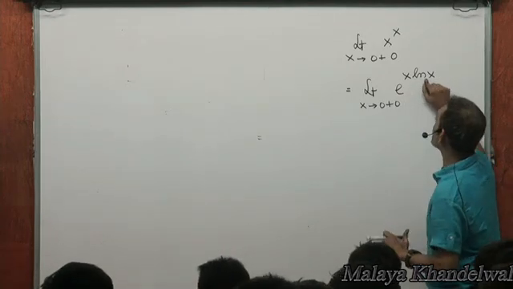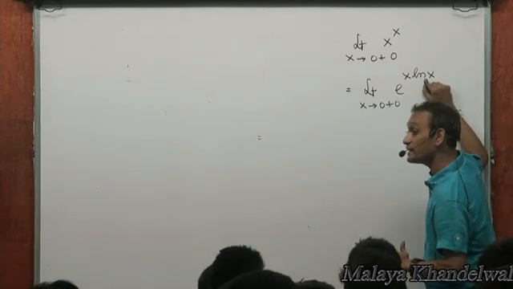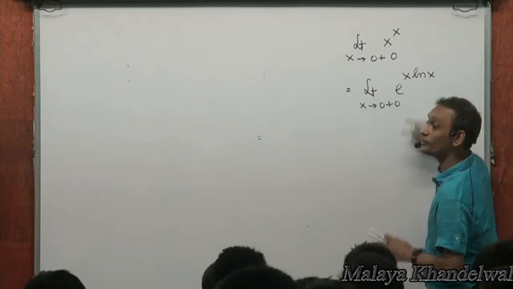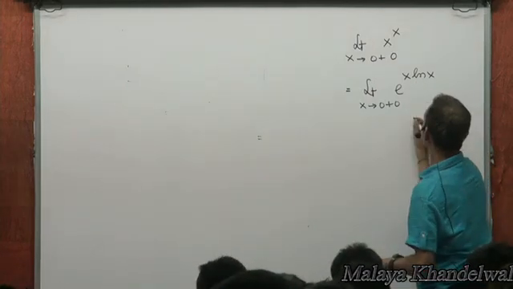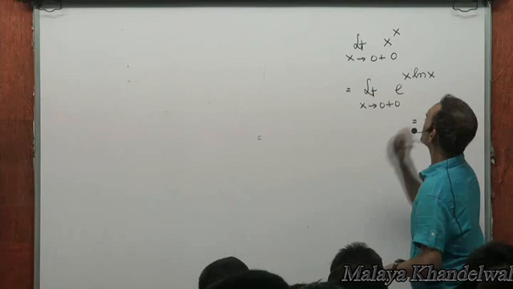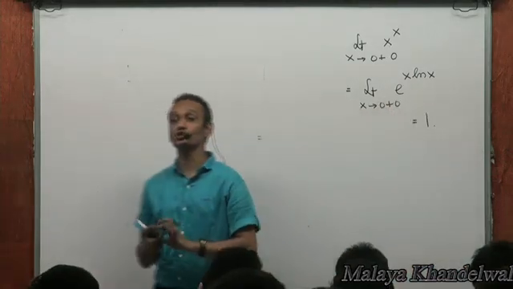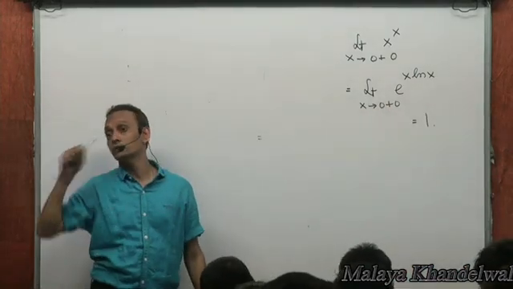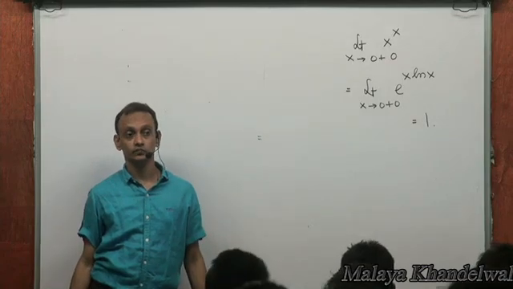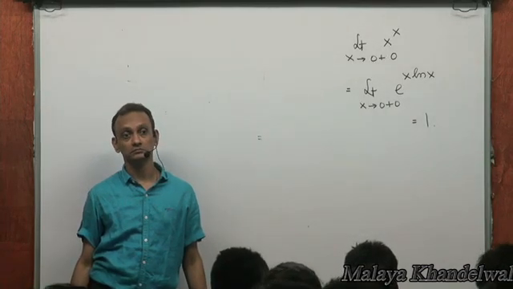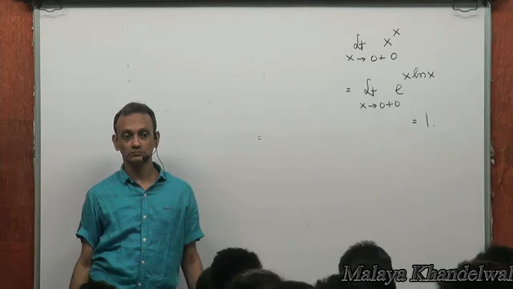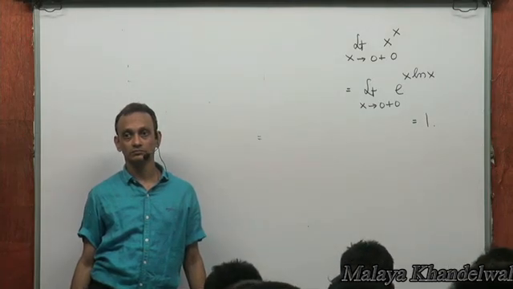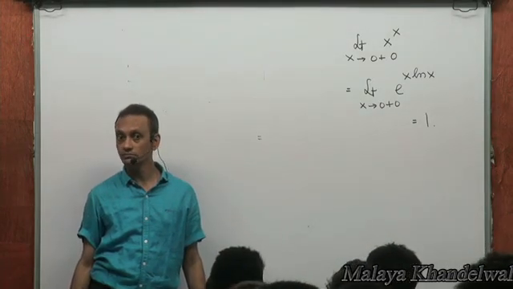But x ln x as x tends to 0 from the greater than 0 side is 0. So this will become e power 0. That makes it 1. Limit x power x, x tends to 0 from the greater than 0 side is 1. Sounds all right?